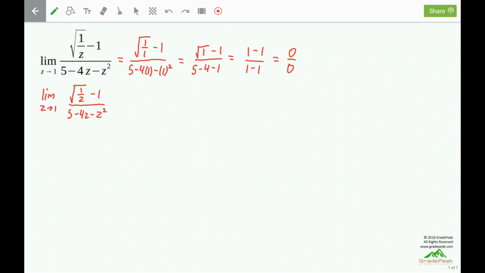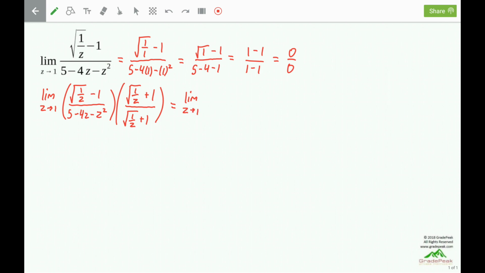And we're going to form the root conjugate, which is the same terms in the root combination but opposite sign between them. I'm going to put that over itself so we have a form of 1, so that when we go and multiply with the original, we do not change the value, just the look.